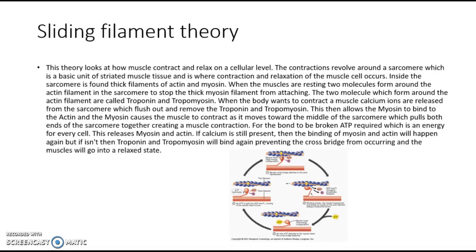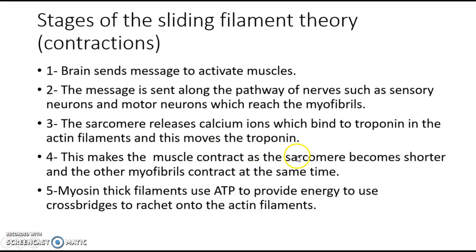For the bond to be broken, ATP is required, which is an energy unit for every living cell. This releases myosin and actin. If calcium is still present, then the binding of myosin and actin will happen again. But if it isn't, then troponin and tropomyosin will bind again, preventing the cross bridge from occurring, and the muscles will go back into a relaxed state.